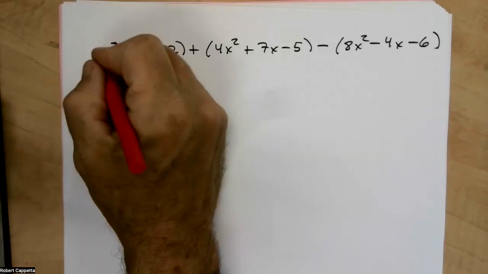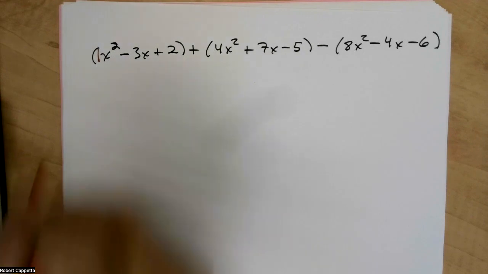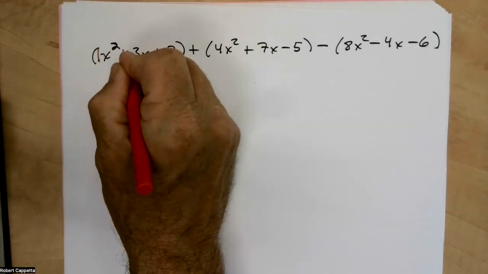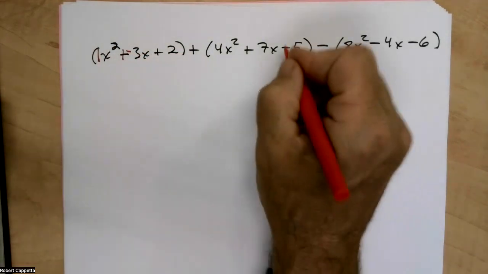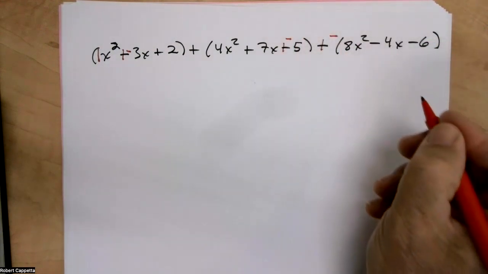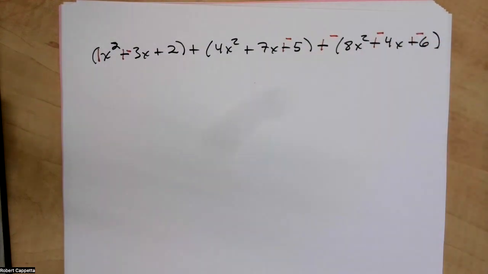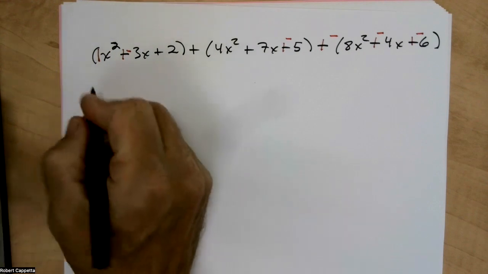Well, I like to have a 1 here. So I'm going to put a 1 there. Anything else need a 1? I don't think so. I like to change minuses to plus and negative, make that plus and negative, make that plus and negative, make this plus and negative for the whole parentheses, make this plus and negative, make this plus and negative. And let's rewrite that so we don't miss anything.